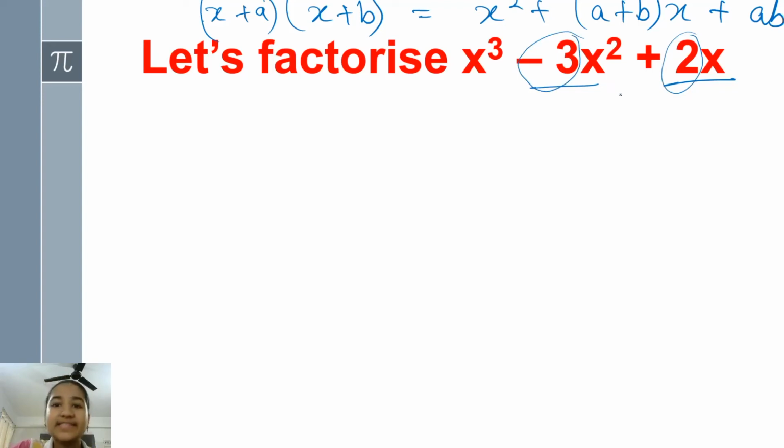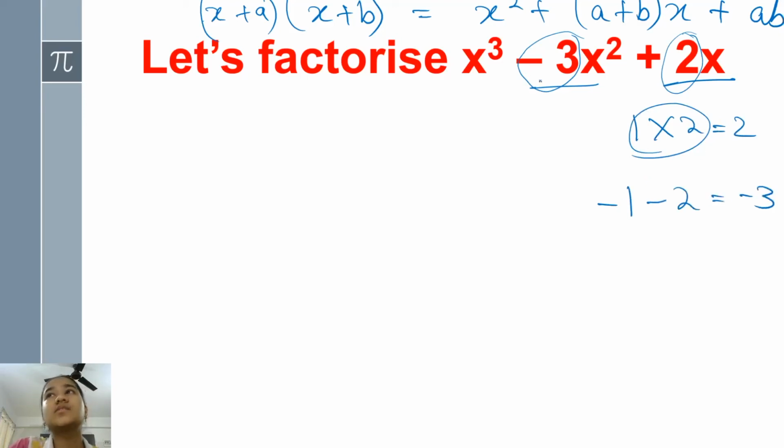Don't look at the algebraic factor for now. Just look at its coefficients. 2. So what into what is 2? I hope you know 1 into 2 is 2. Can we take 1 into 2? Right, because minus 1 minus 2 is equal to minus 3, which is this coefficient and which we wanted actually. So we can basically take these two.